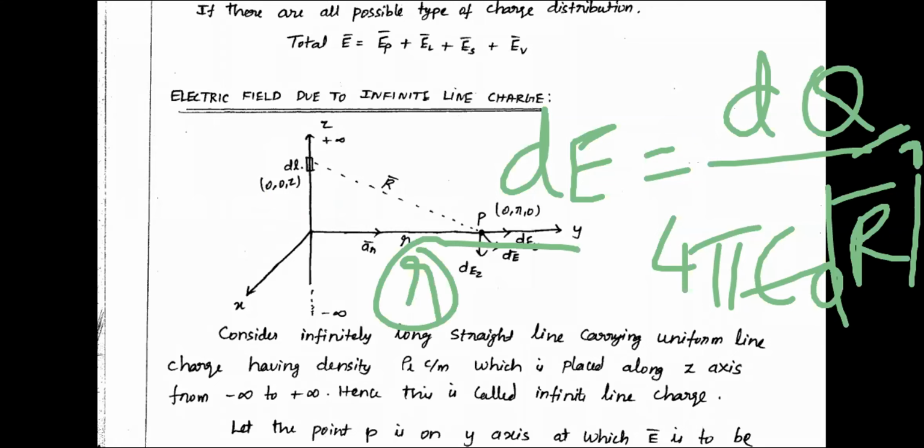Now this is r. So again the x value is 0, the y value is r, because you are on the y-axis. The z value is 0. As you are on the y-axis, definitely you will have the y value only: 0, r, 0.